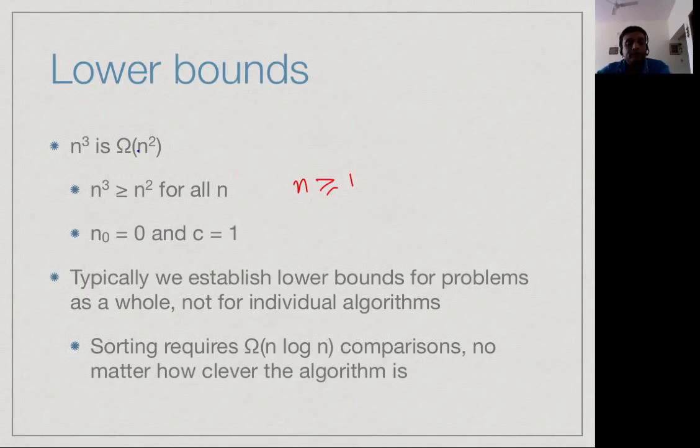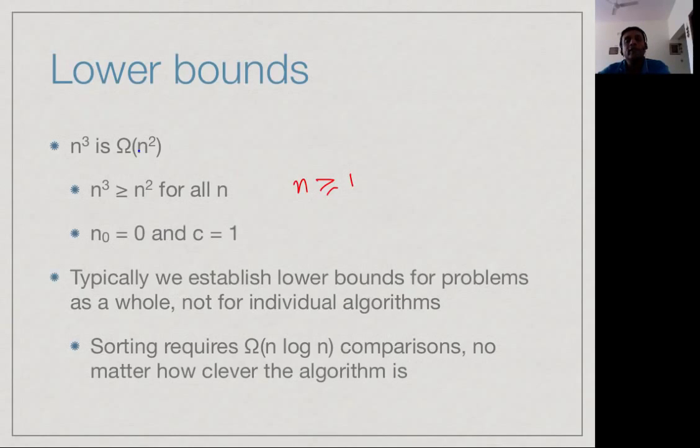Now, of course, when we are establishing an upper bound, we are usually talking about the algorithm we have. We are saying this algorithm has an upper bound of so much, and therefore I can definitely solve the problem within this much time. When we are talking about lower bounds, it is not that useful to talk about a specific algorithm. It's not so useful to say that this algorithm takes at least so much time.